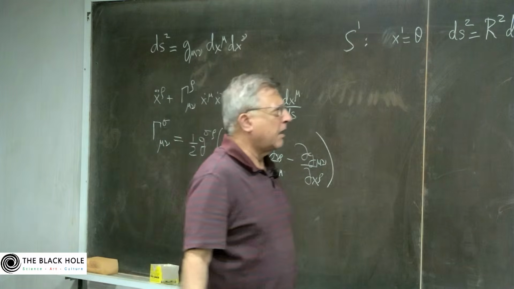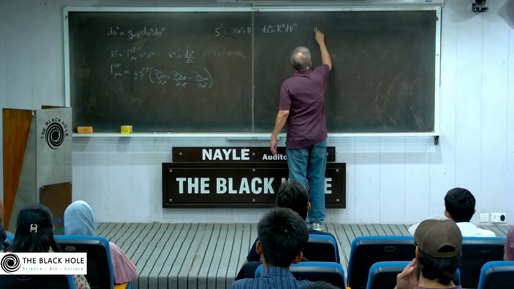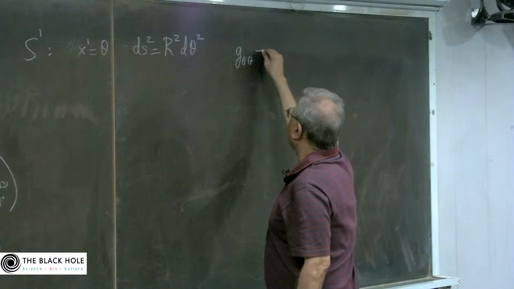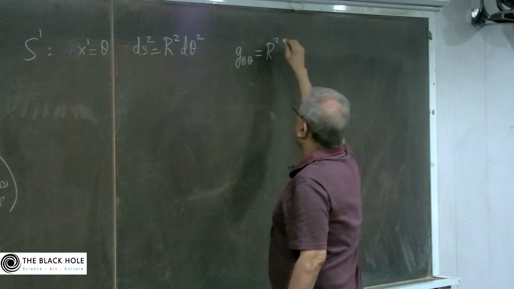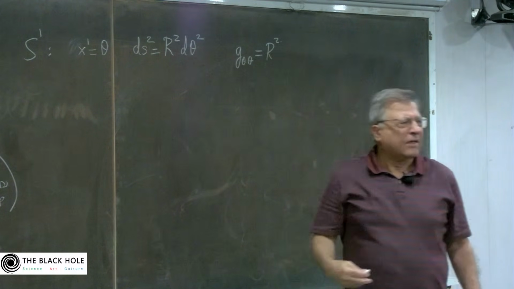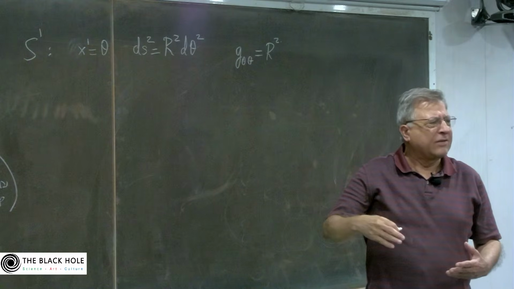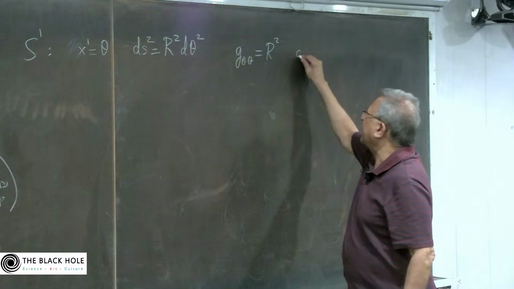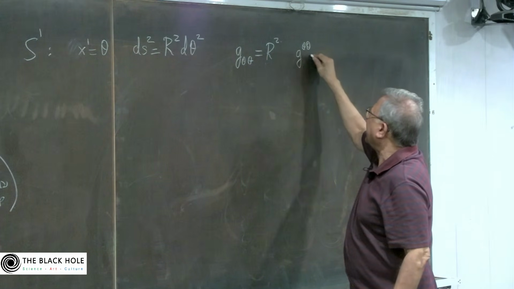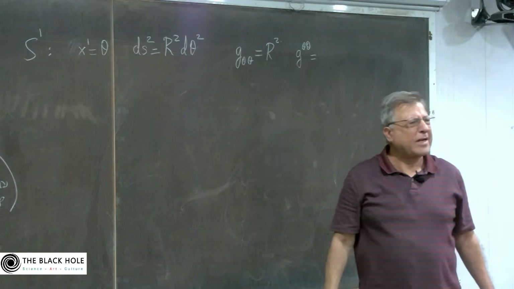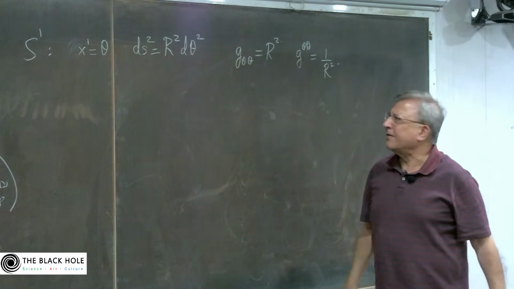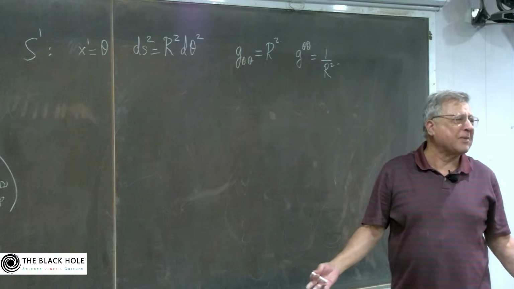Obviously there's only one metric quantity here, which is g theta theta, which is r squared. And then we said there's the metric with the indices up above, g theta theta, and what is that equal to? 1 over r squared. And so a circle is as simple as you can get.